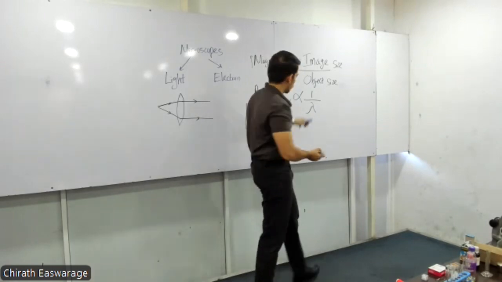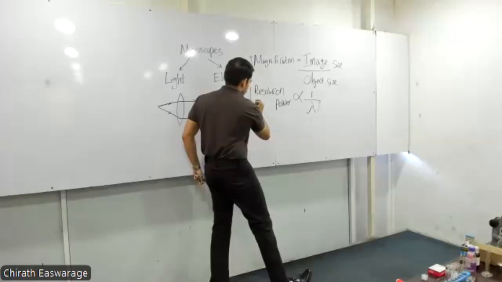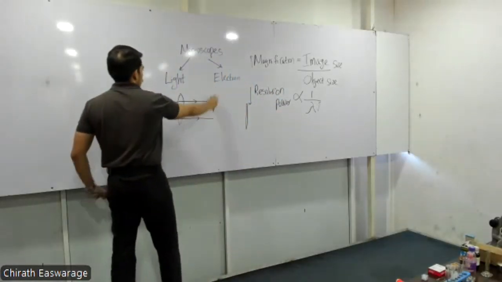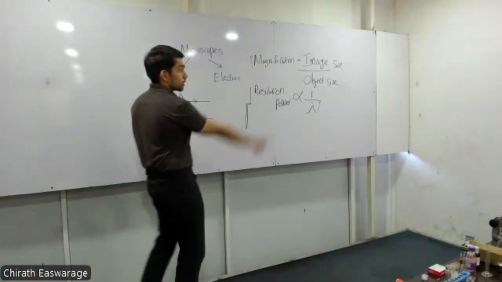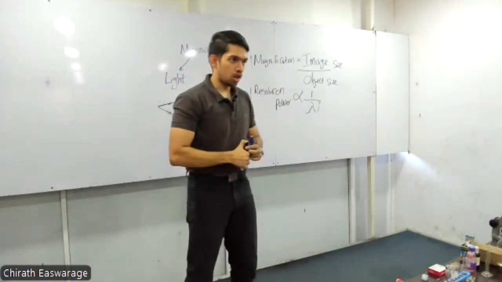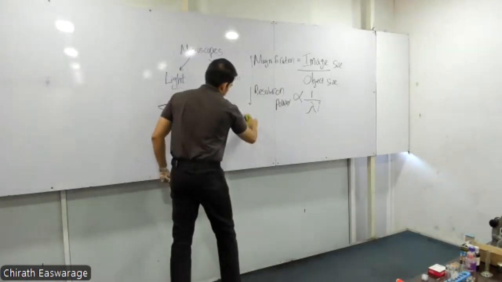So when wavelength increases, the resolution power decreases, right? Compared to electrons, light has a higher wavelength. Therefore, the resolution power of a light microscope is low. That's why we adopted the use of electrons.